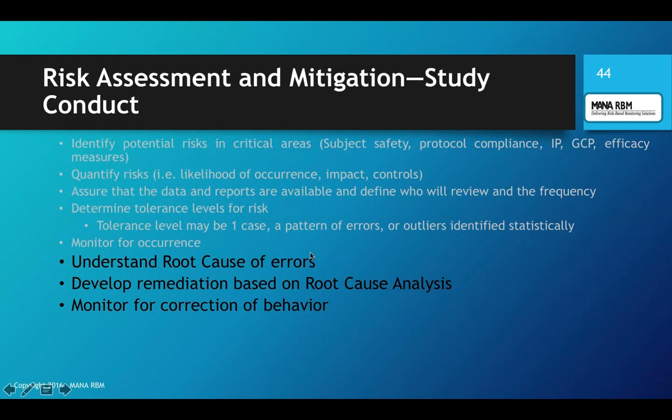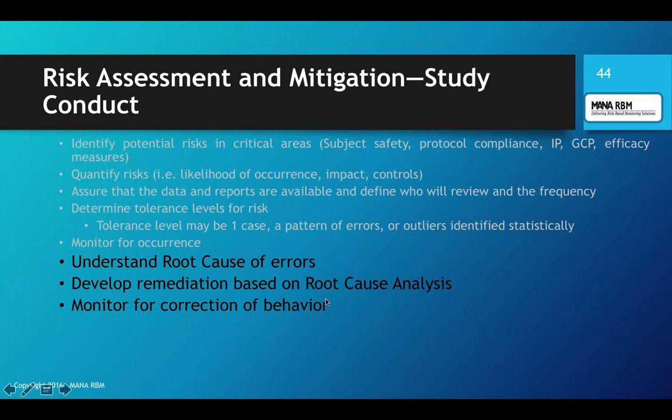All of these go together, and we see this primarily as the site monitor's job. If these are errors at the site, then we see it as the site monitor's responsibility to understand why those errors occurred, figure out the best remediation, and then monitor for correction of behavior.